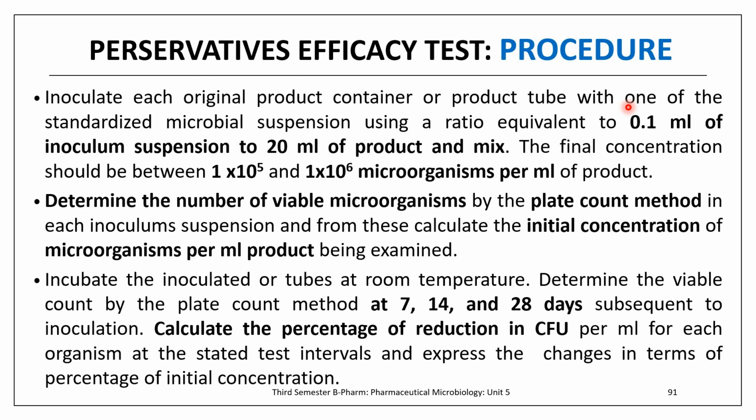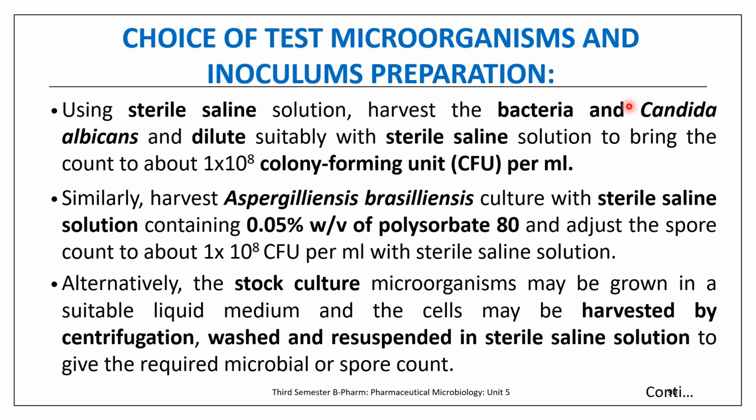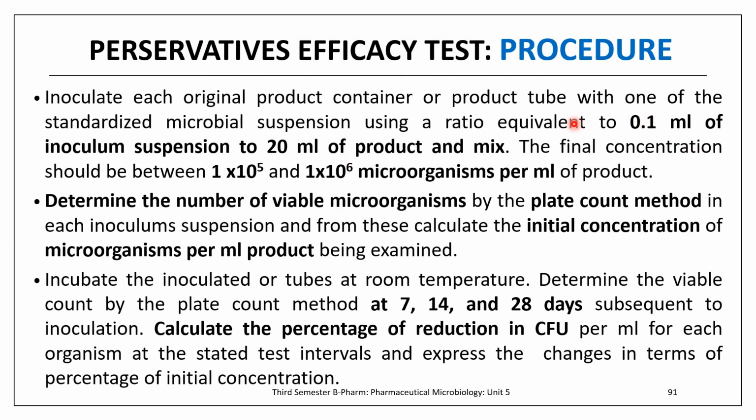Okay, then the final concentration. While adding, the inoculum concentration is 10 raised to 8; in one ml there are 10 raised to 8 colony forming units. After mixing with the 20 ml of solution, we should get a concentration of 10 raised to 5 or 10 raised to 6 of the microorganism with the product.